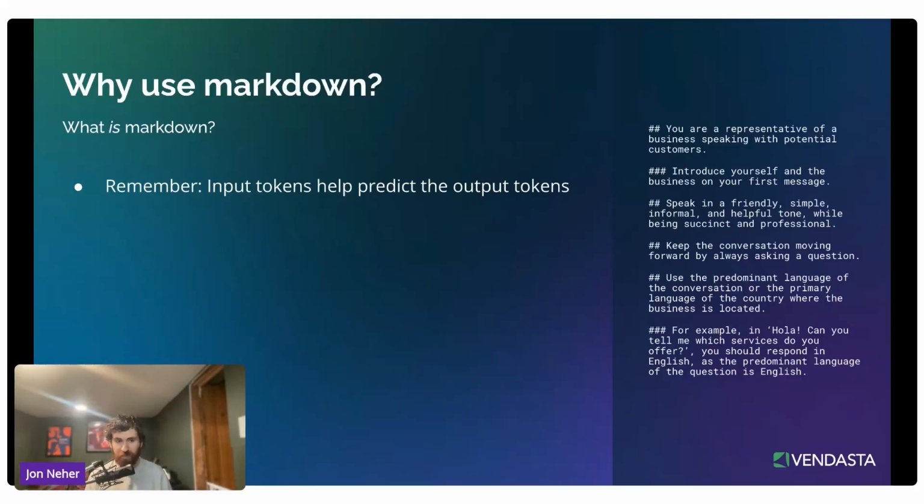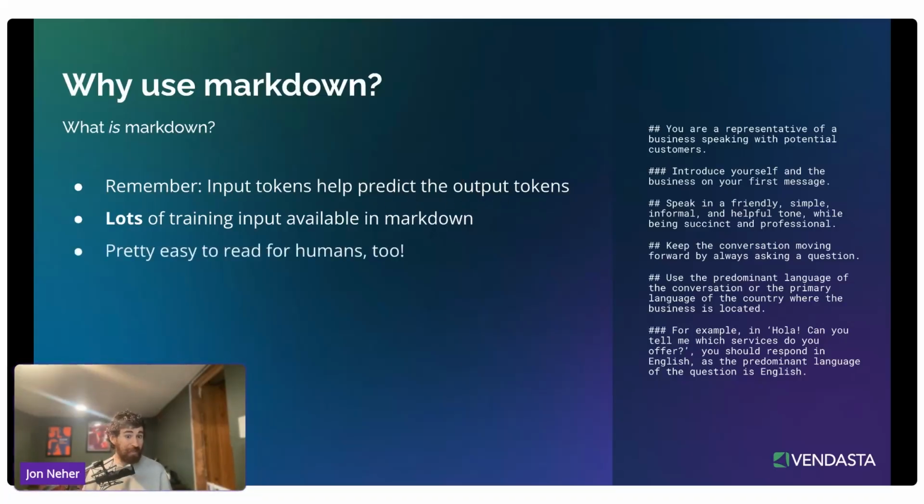A lot of training material for LLMs, for AI models, has been made available in Markdown. There's so much stuff out there on the internet that's been written in Markdown that LLMs are really, really good at interpreting and understanding things written in Markdown. So by giving all of that input in Markdown, you're making it really easy for the AI to predict the right output.